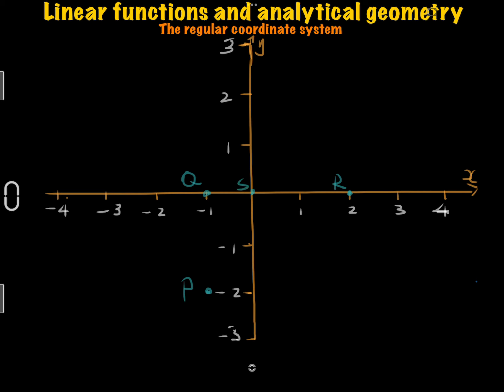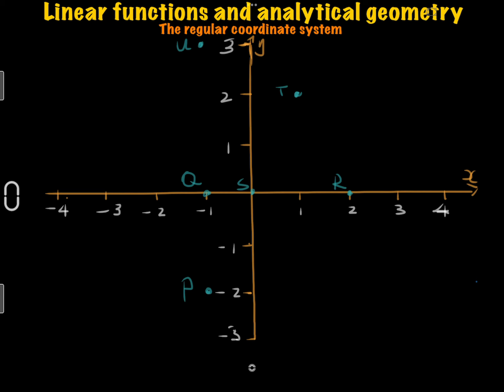And then T is +1 by 2. So that's our point. So we have T. U is -1 by 3. So we have U right here.